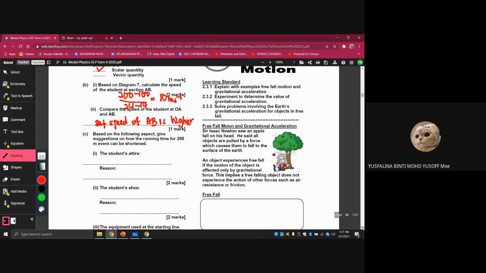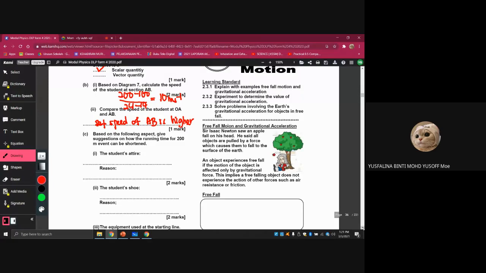Yeah, the sports attire. So what is it? Track bottom. Yes, okay, that's correct.